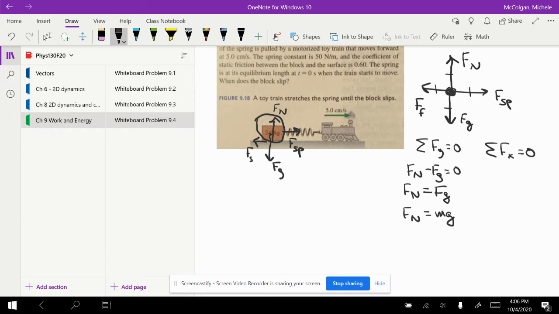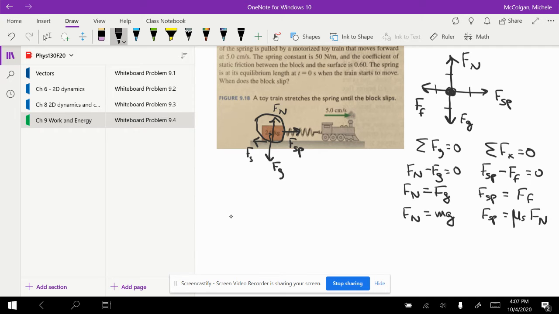What about the forces in the x direction? We've got the force of the spring minus the force of friction equals 0. I can add the force of friction to both sides, so the force of the spring equals the force of friction. And we know the force of the spring is equal to mu static friction times the force of the normal.